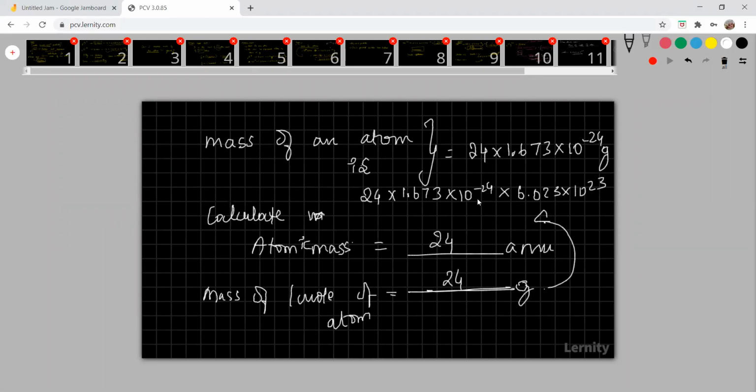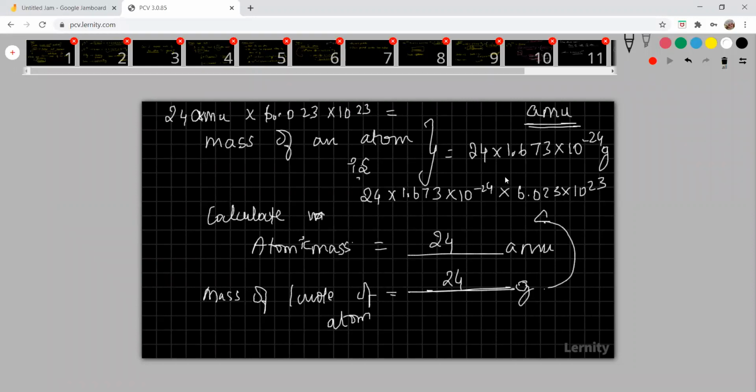Now, the mistake that you made, Nitya, is, see, listen, what you did is you said 24 AMU into 6.023 into 10 power 23. If you multiply, you will get the final unit of mass only in AMU and not in grams. You understand?